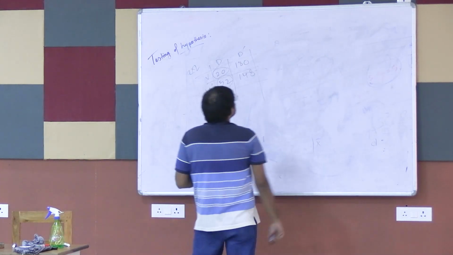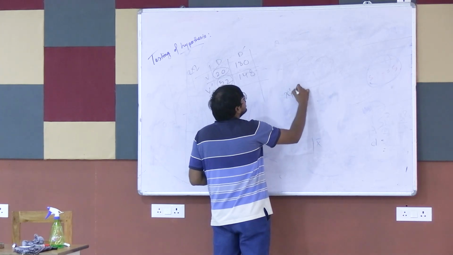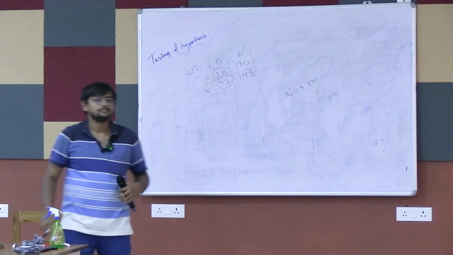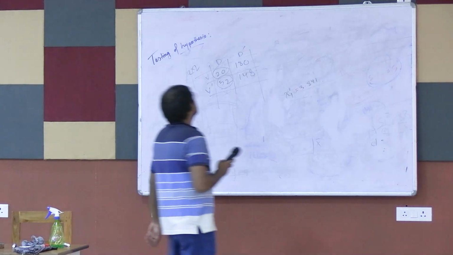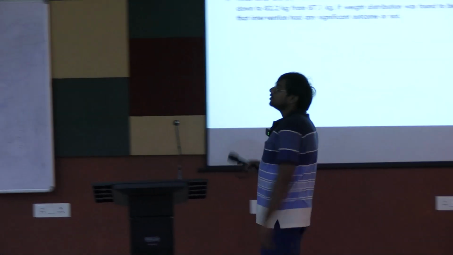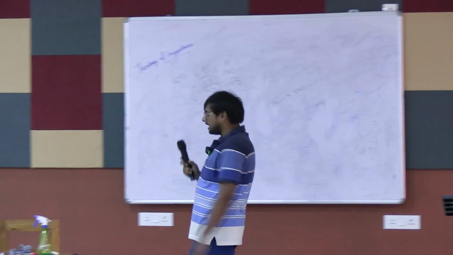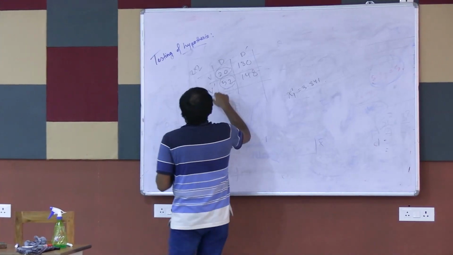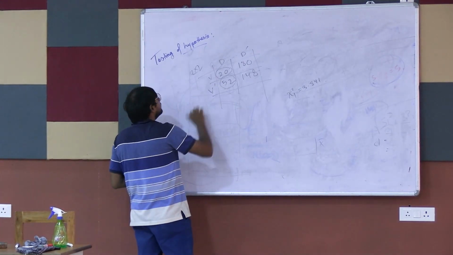Now, the critical value for chi-square with 1 degree of freedom is given to be 3.841. Solve it and show me. I want you to solve it in a proper way. First identify the null hypothesis. What is the null hypothesis here? The null hypothesis is whether getting vaccinated has any association with getting the disease or not.